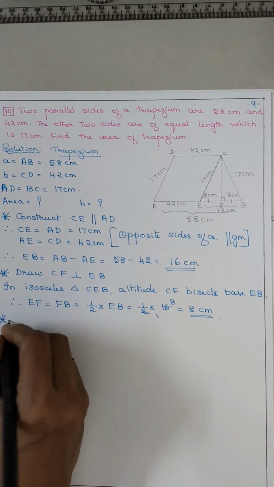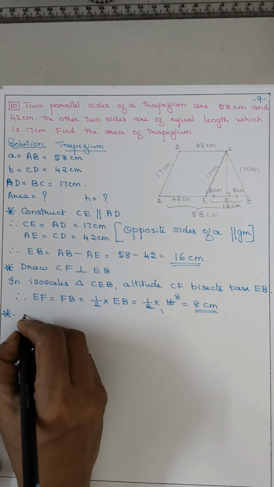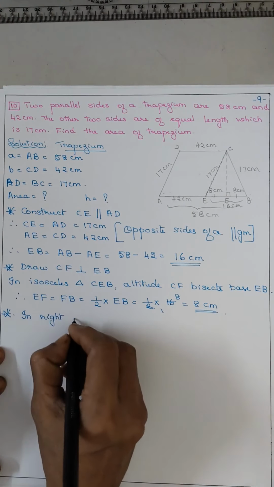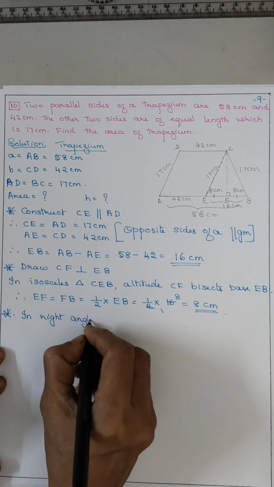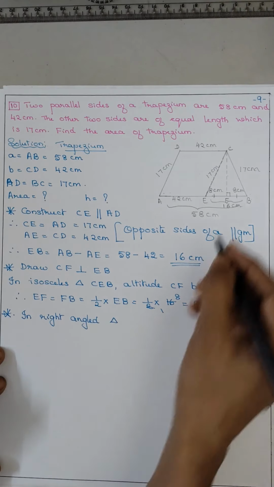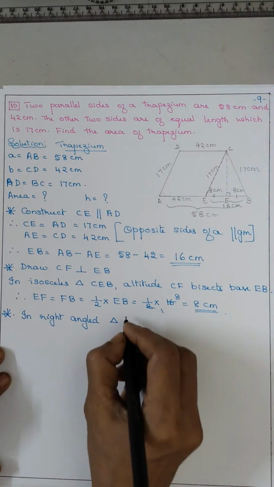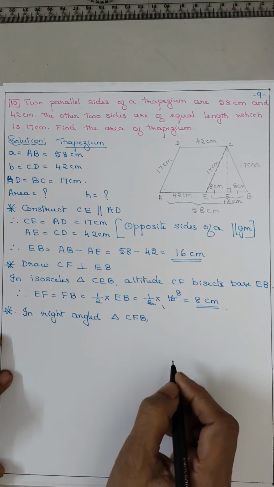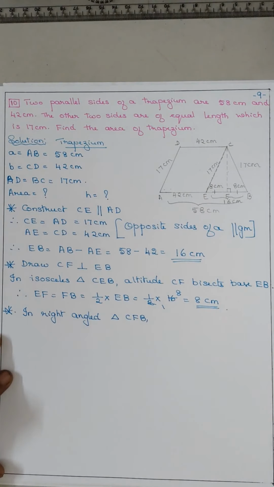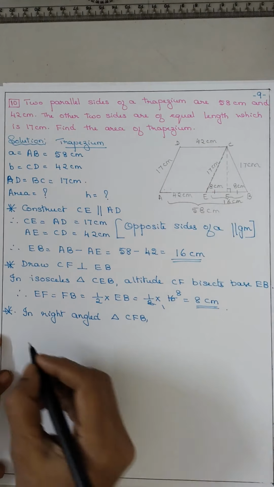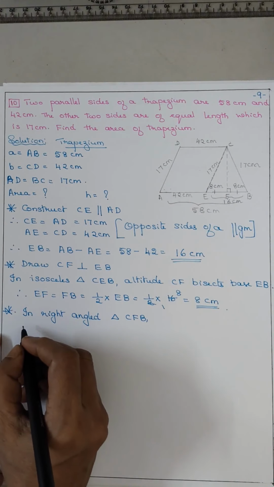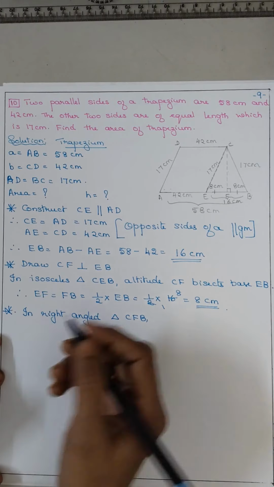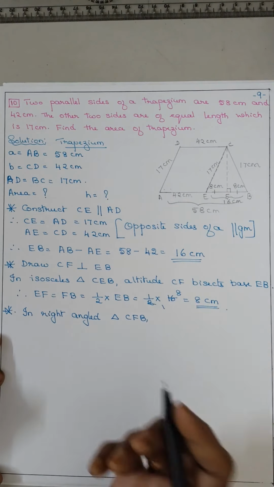Now the third step. In right angled triangle CFB, you got CB is equal to 17, FB is equal to 8 and CF how much?